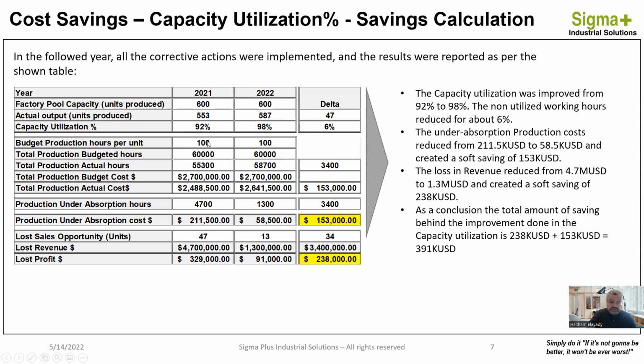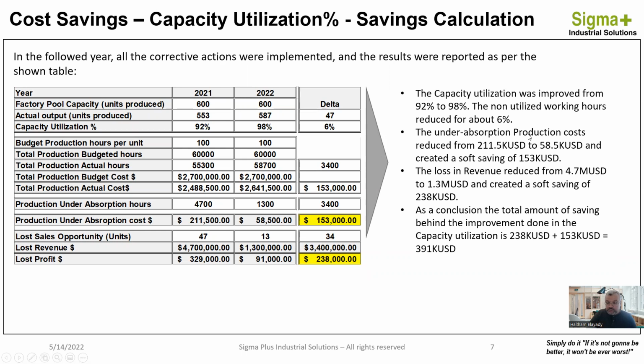Okay, the budget production hours per hour didn't change, it's 100, so you have the same budget of working hours, 60,000. The actual cost of the production was 58,700. So you have reduced the under absorption hours for about 3,400 hours.